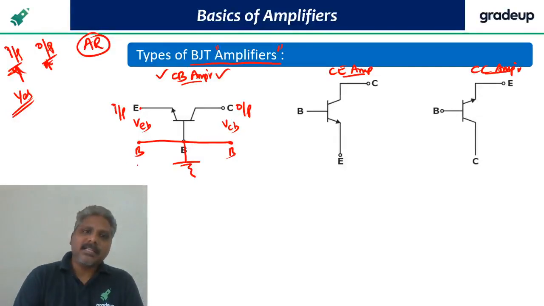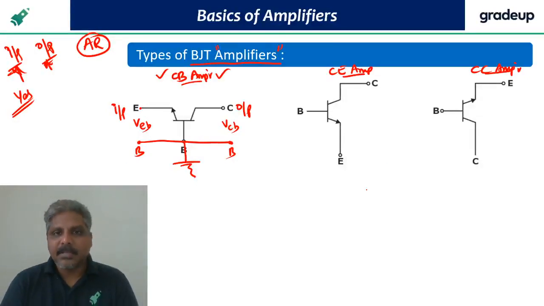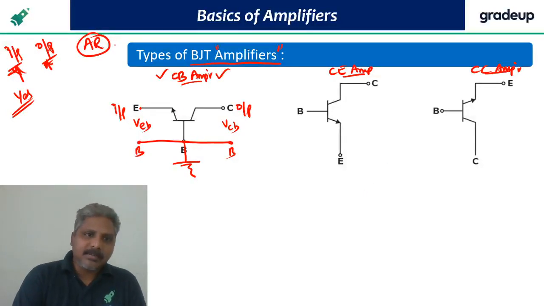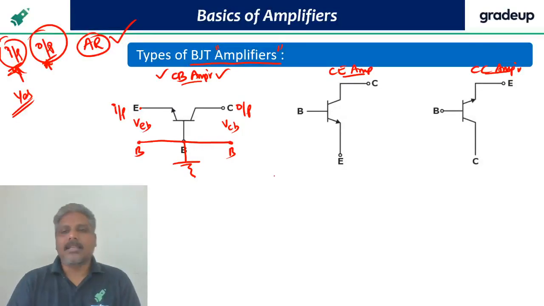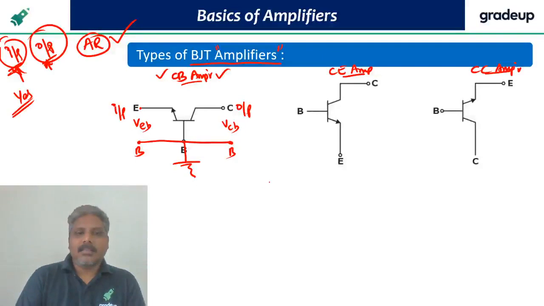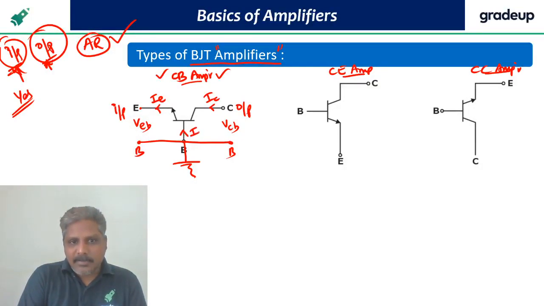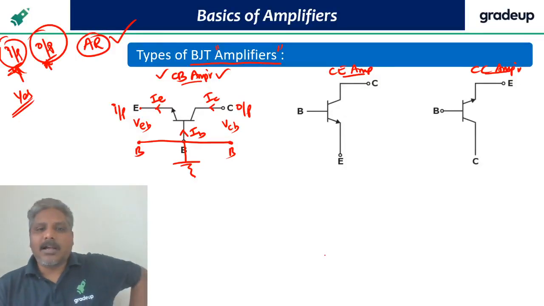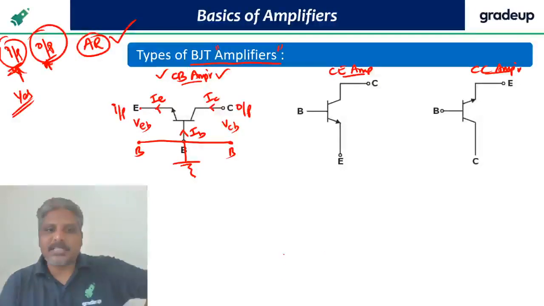Yes, Mugundan, here also it can be an NPN transistor or a PNP transistor. Whatever, the transistor must be in active region, and input and output should be as per the configuration. If I say the current flowing here, I will call it IE. The current here, I will call it IC. The current here, I will call it IB. Are you observing any difference in the notation, guys?